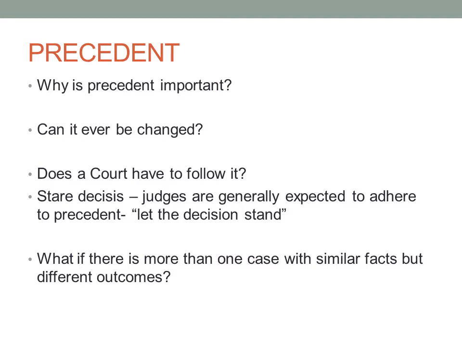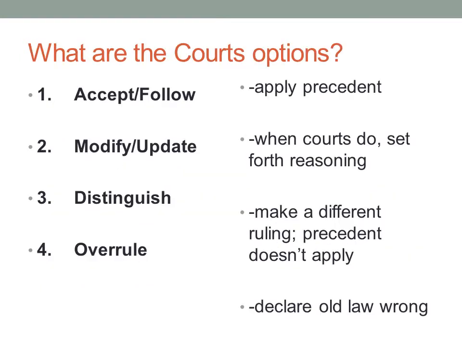So let's talk about what courts can do. Courts have options. They have a case in front of them, and they're reviewing the facts. Let's take a copyright case. One of the common types of cases is usually arguments over fair use.